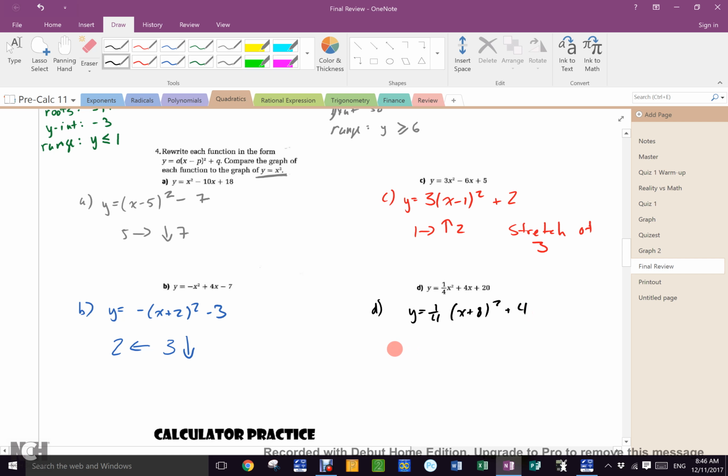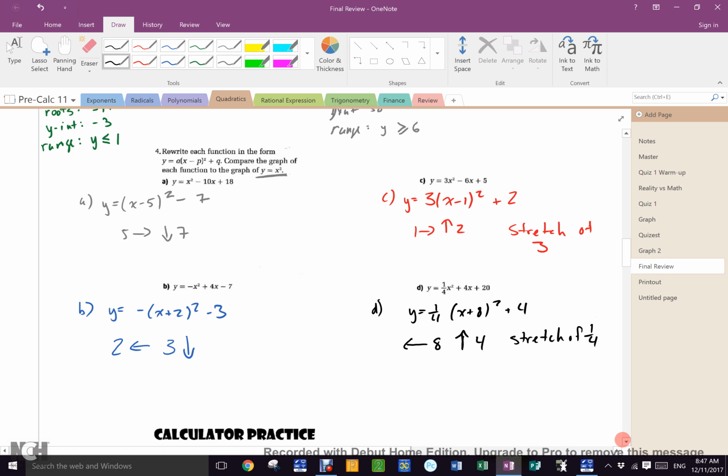So the graph moved left 8, up 4, and it had a stretch of 1/4. So when it went over 4, how far up did it go? 4, because it should have gone up 16, but it's going up 1/4 of that.